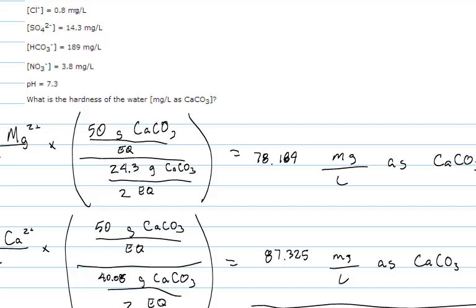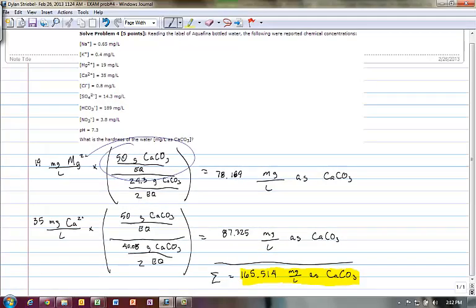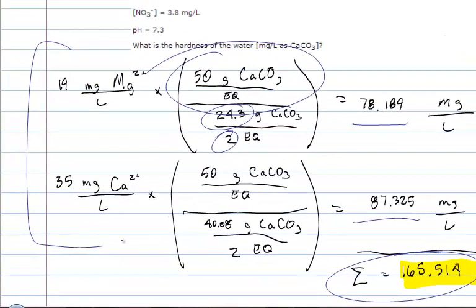You need to convert that to CaCO3, so multiply by 50 and divide by the molecular weight divided by the number of equivalents, which is 2, and you get 78.1 and 87.3. The sum would be about 165.5 or so milligrams per liter as CaCO3. So again, it's just the magnesium and calcium 2+, the divalent cations.